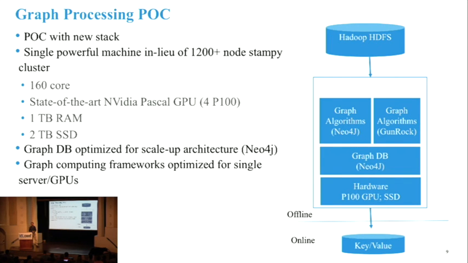For the GraphDB used for this POC, Neo4j, instead of being a distributed database, is optimized for a scale-up model, for a single server solution. On the graph algorithms, Neo4j has implemented several graph-based deterministic algorithms, which were used for this. We are also exploring Gunrock, an open source framework from UC Davis, which is a GPU-based graph computing paradigm.